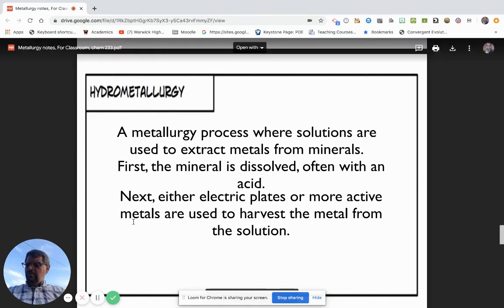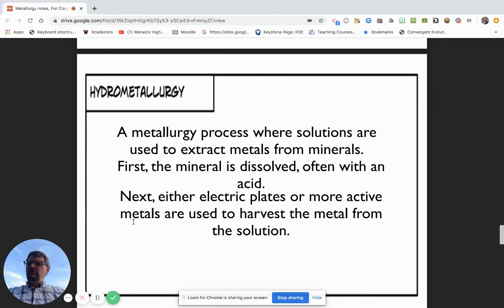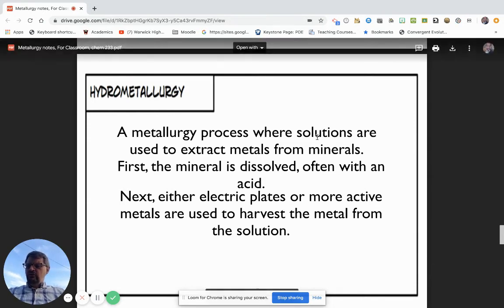With the more active metal, if you dissolve a metal and its mineral in a solution, and then you put in a metal that's more active, that less active metal will actually solidify as a pure element. So that's another way of getting metal from a mineral. Hydrometallurgy, using solutions, often things like acid. Okay.